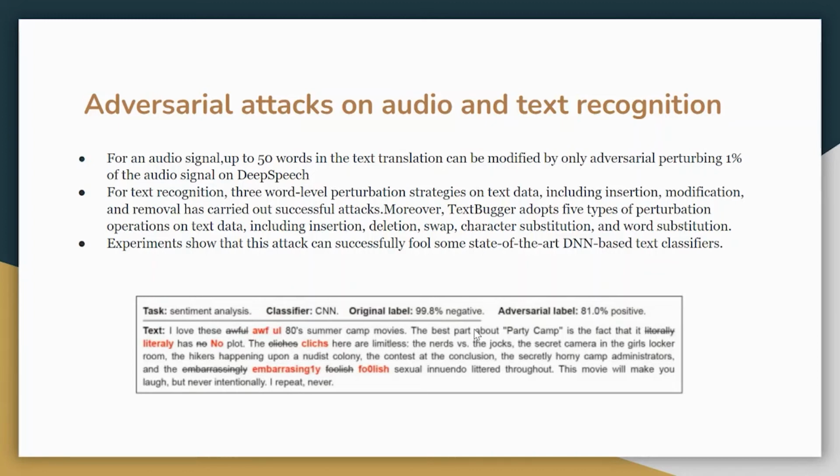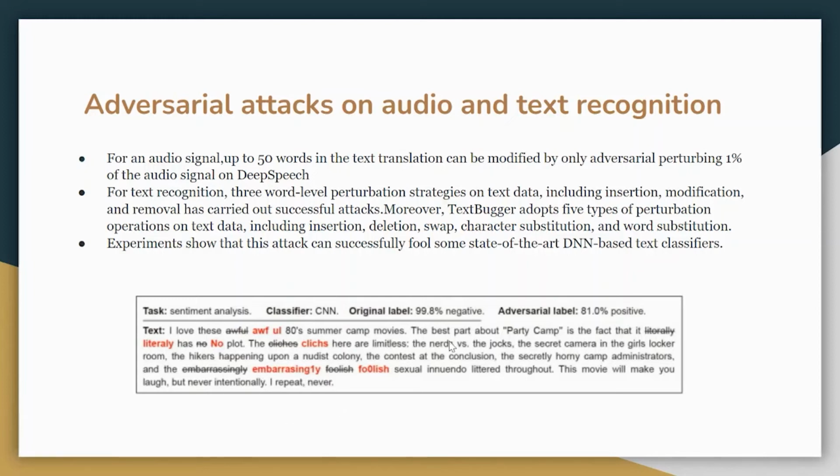Whereas coming to the field of text recognition, three word-level perturbation strategies, insertion, modification, and removal, have been carried out in order for a successful attack to happen. What this attack basically does is it first identifies the important text items for classification, and then it exploits one of the perturbation strategies on those text items. And it has been proved that these attacks can successfully fool some of the best state-of-the-art DNN classifiers we have till date.